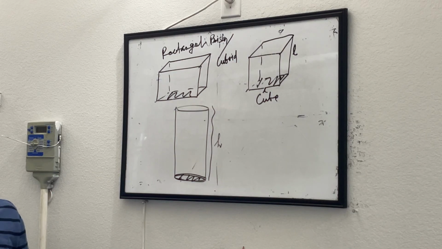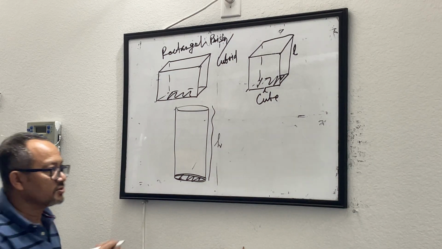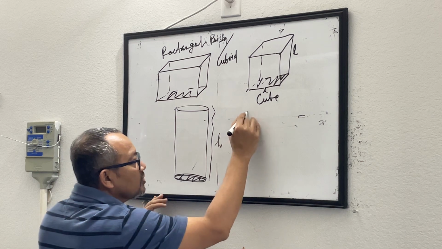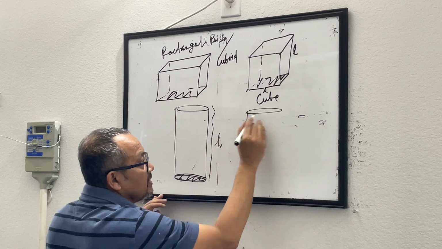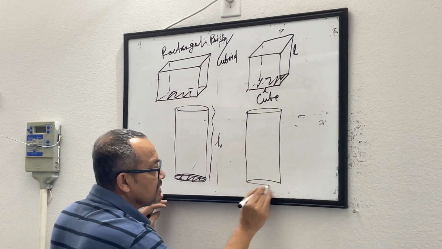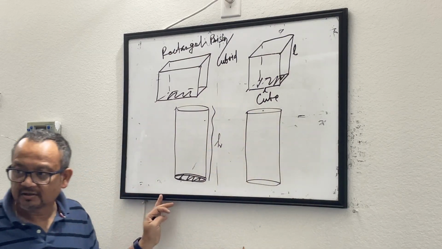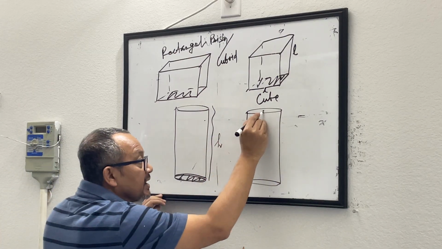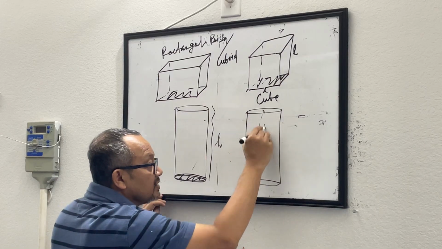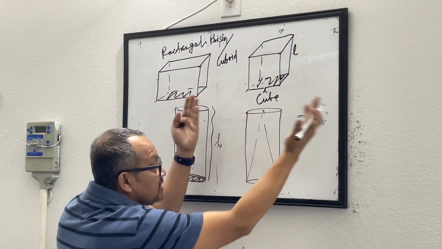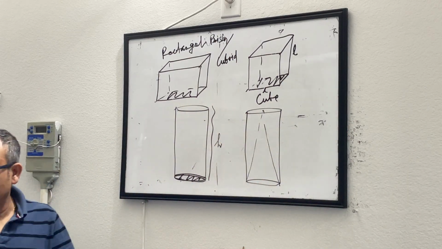Now you talked about a cone. What is a cone? I had a right cylinder, and I found the center of the top of the circle, and this part and this part I peeled off.